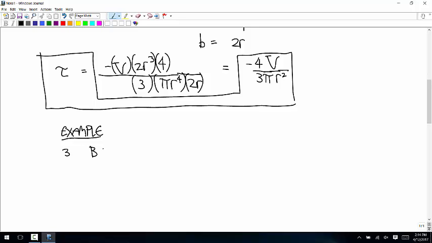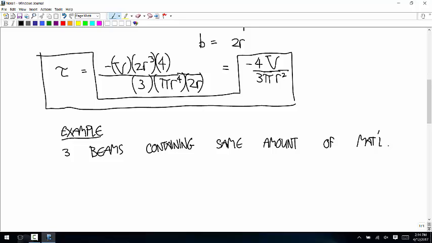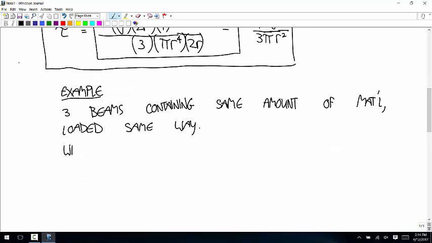So 3 beams containing the same amount of material, loaded the same way. Which will deform more due to bending?